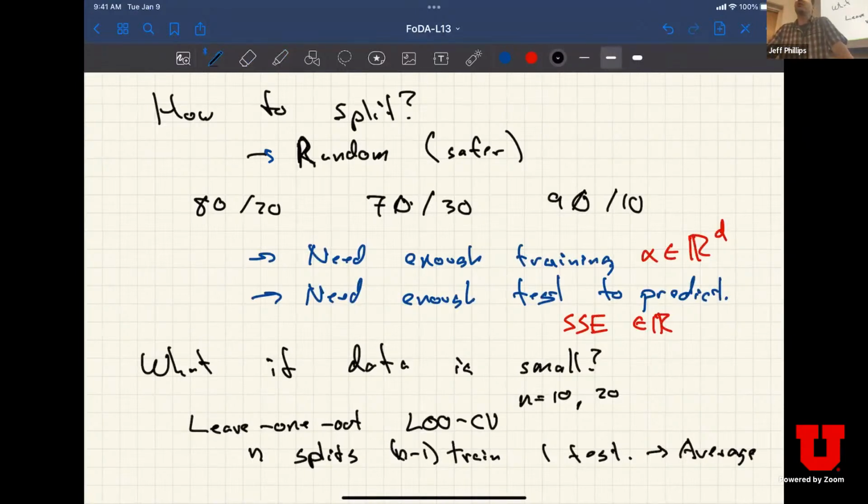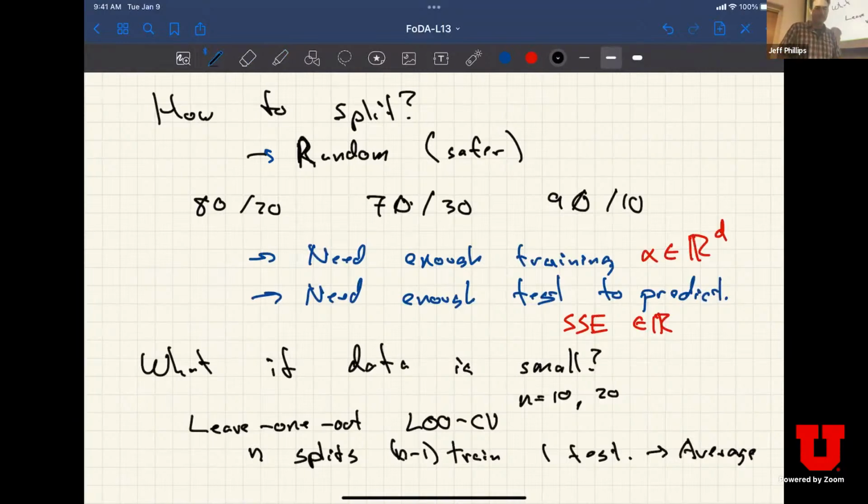Some people argue it's not better in some cases, and there are other things you can do when you have really, really big data sets, because you might get duplicates and other issues that complicate this. On small data, it's better. On big data, people typically don't use it, because the training and the test size are already large enough to be good representatives of the underlying model.